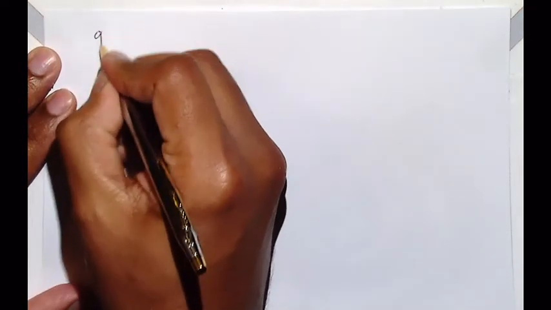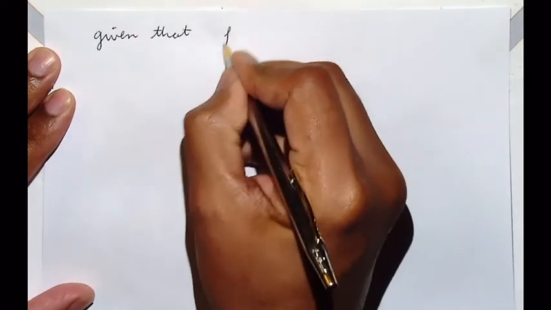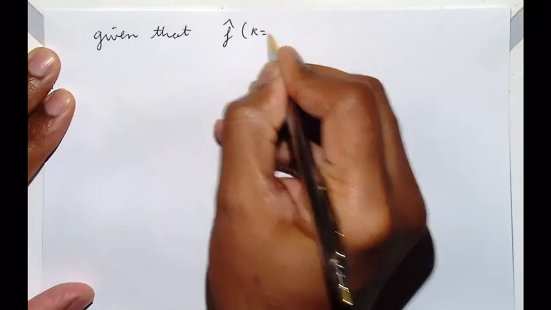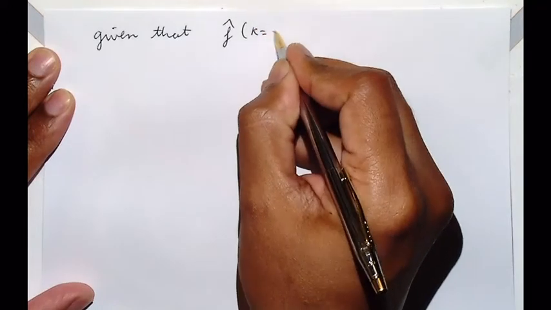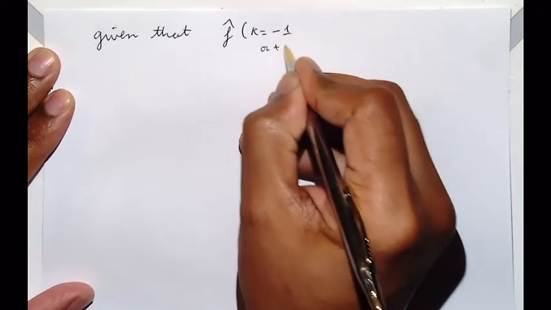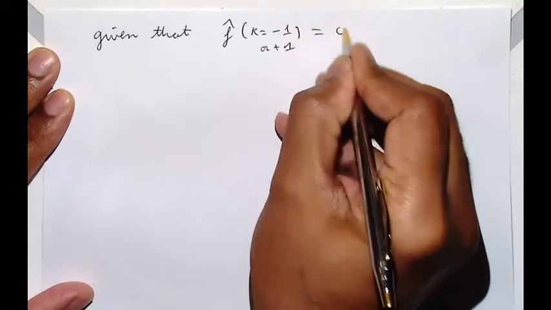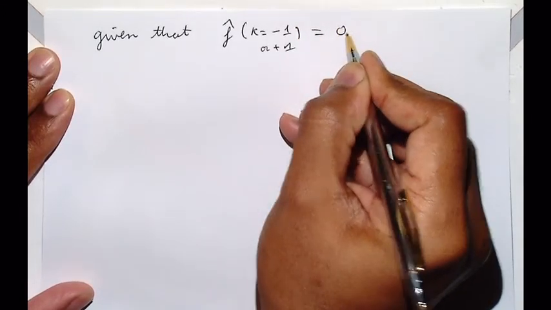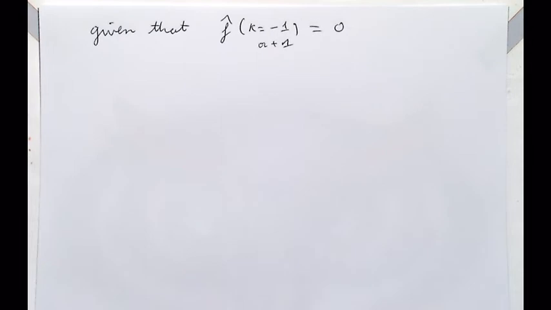So you tell me that f hat of kappa equal minus 1 or plus 1 is 0. No. One will be plus and the other will be minus. Let me just check.